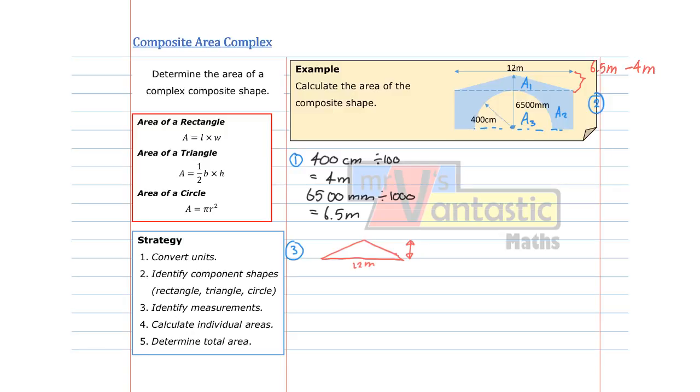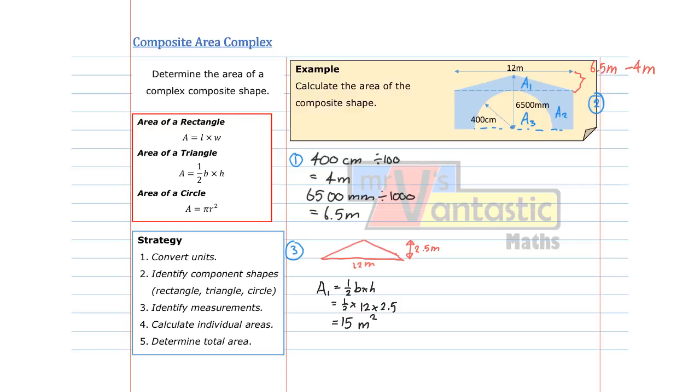Okay, quick math, that's 2.5 meters. All right, now we've got all the information we need. So the area of the triangle is a half base times height, and that becomes a half times 12 times 2.5, which is 15 meters squared.